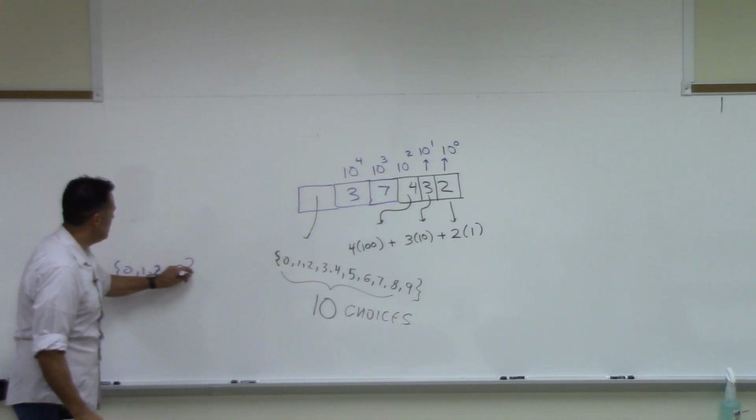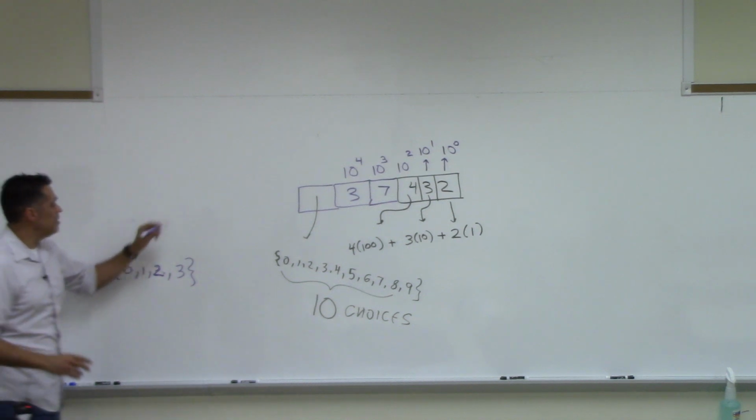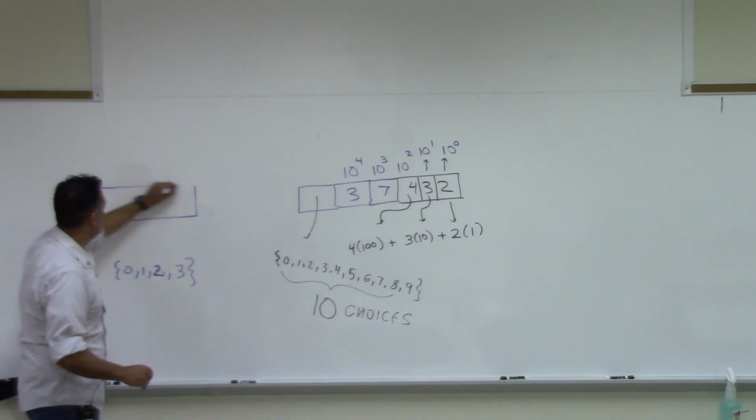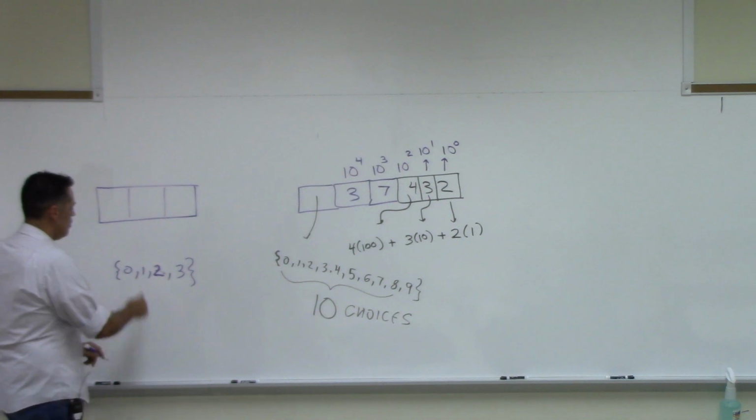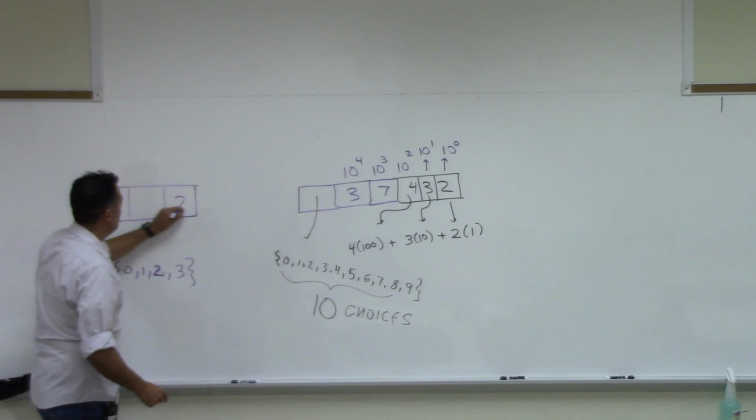Those are the only digits that you ever learn. You go to grade school, they say, okay, we're going to start counting: 0, 1, 2, 3. Those are the only digits you're allowed to use. And when you make a 3-digit number, you can only plug one of these 4 into this, all right? So let's say I plug in 2 here.